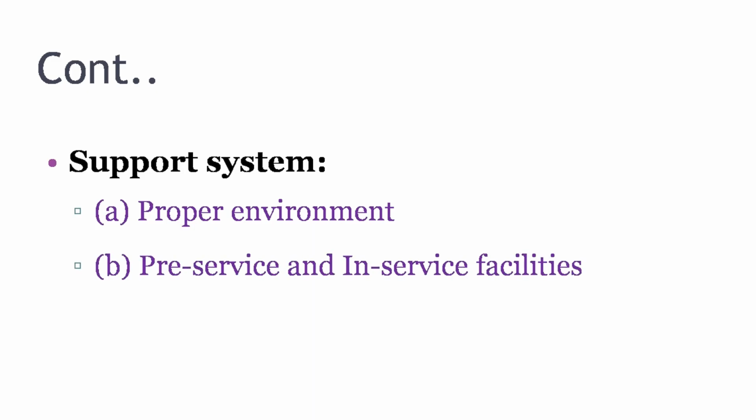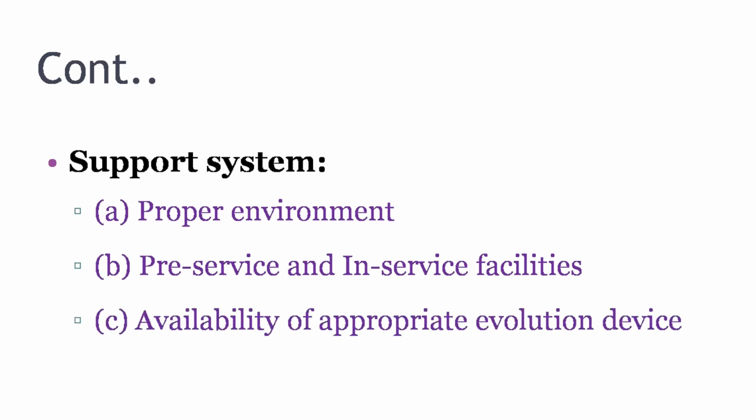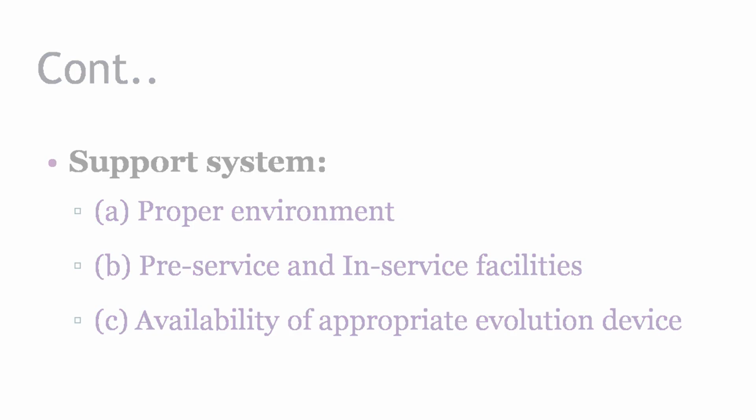Next point is pre-service and in-service facilities: availability of adequate pre-service and in-service activities for the teachers to acquire needed skills for using this model. Next point is availability of appropriate evaluation devices for the assessment of entering and terminal behavior of the students.